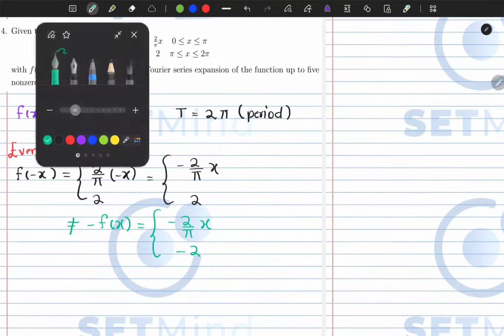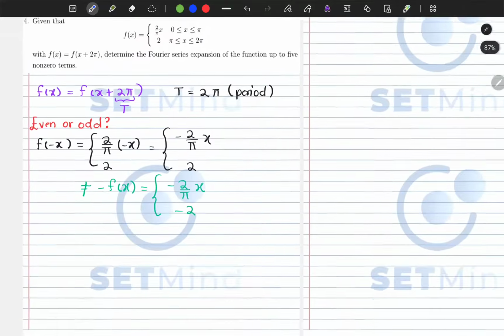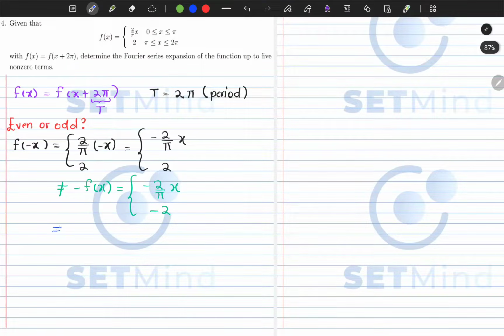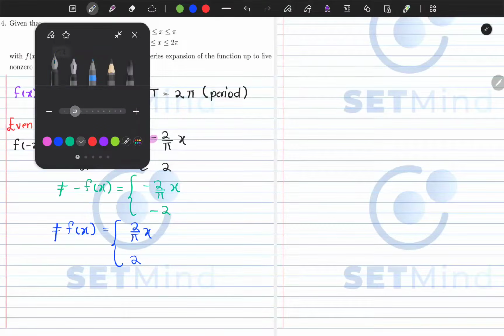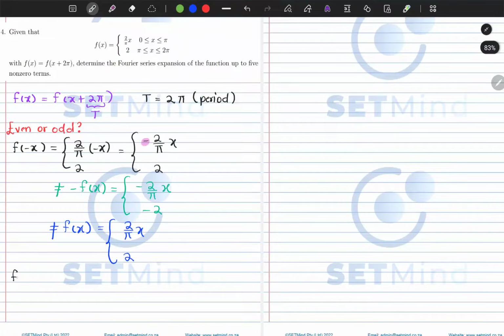So it is not equal to that. At the same time, when we put in the negative, it is not equal to the original function, which would remain unchanged as 2 over pi times x and then 2. So we have a change here that does not match either of the two forms. As you can see, our f of x is not even and not odd.